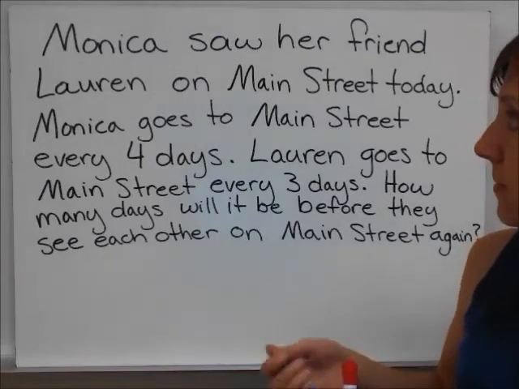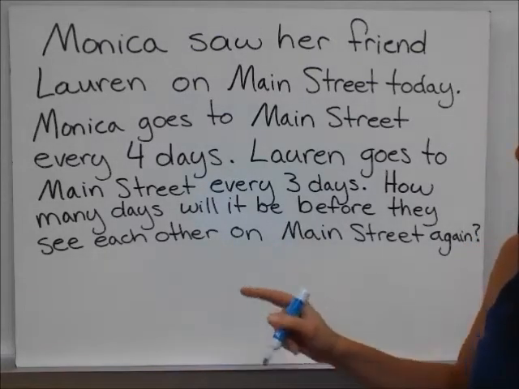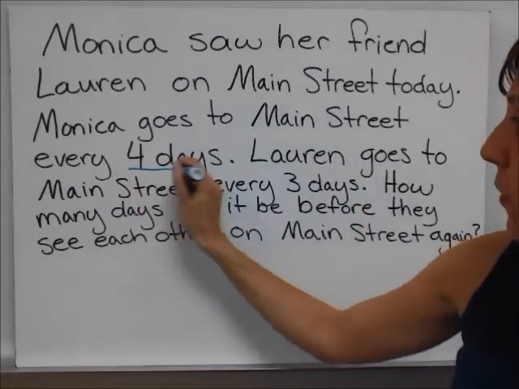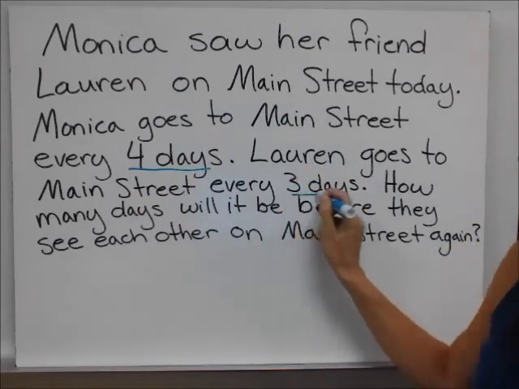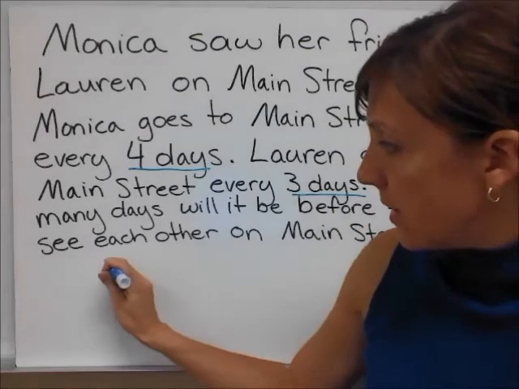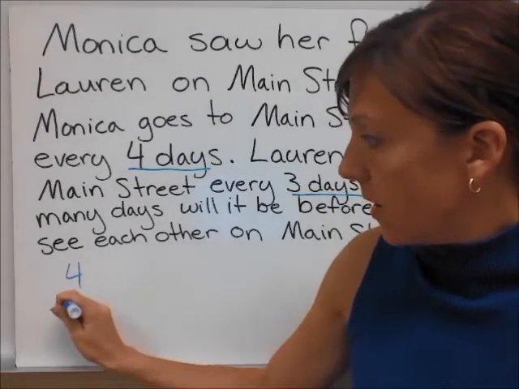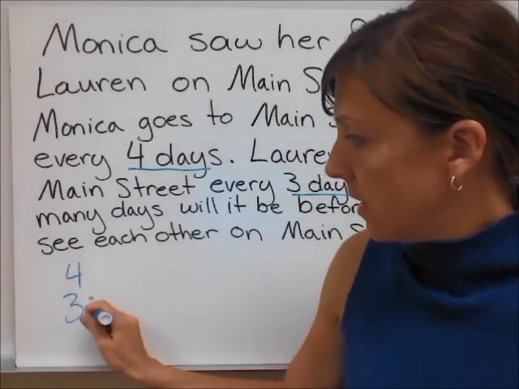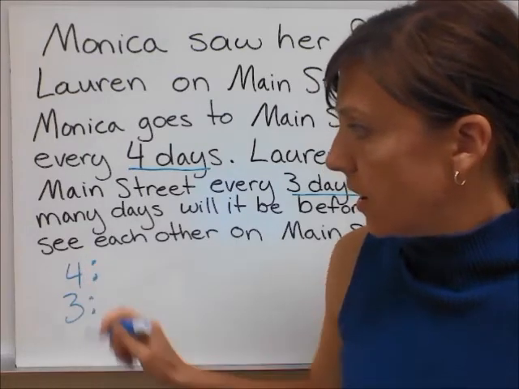Okay, well, let's see. Monica goes to Main Street every 4 days, and Lauren goes every 3 days. So let's write down both of those numbers, 4 and 3. Let's just list multiples of both of those numbers.